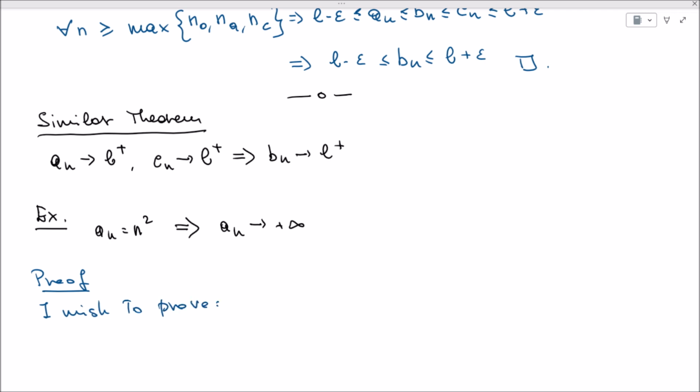so what is the definition of a divergent sequence to plus infinity?